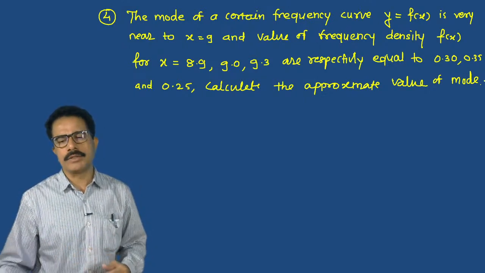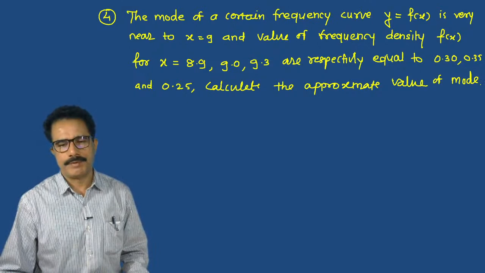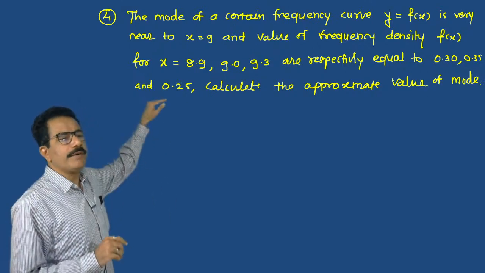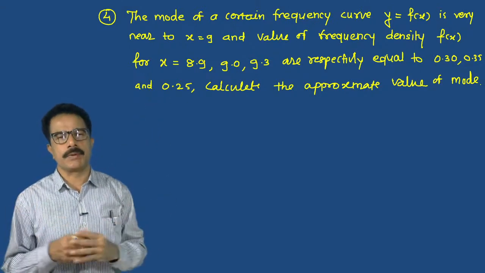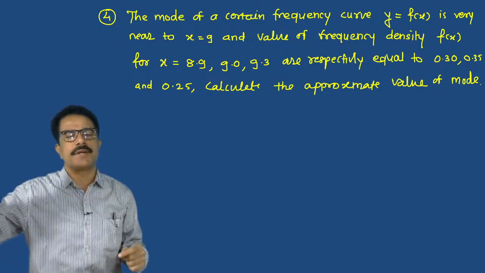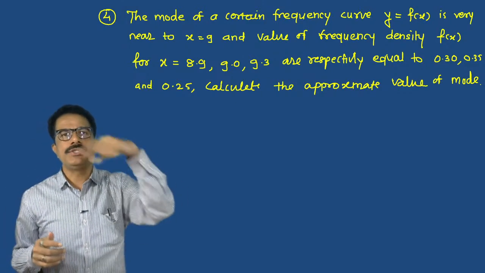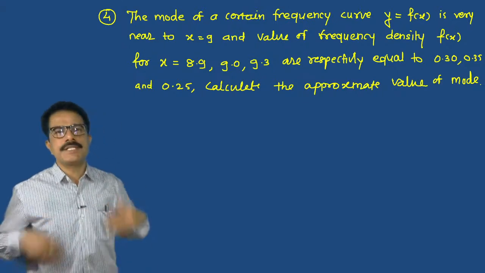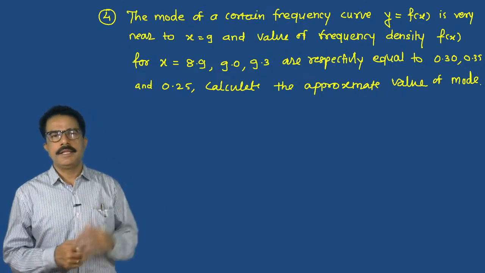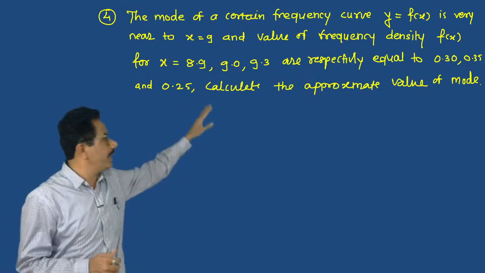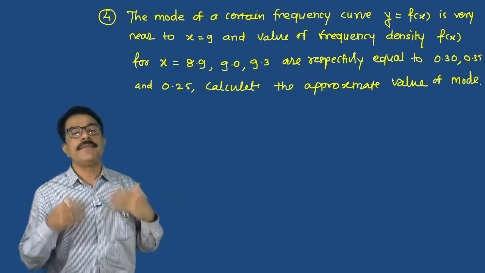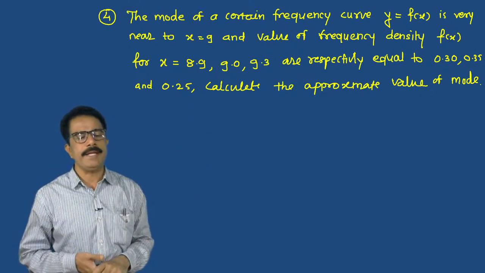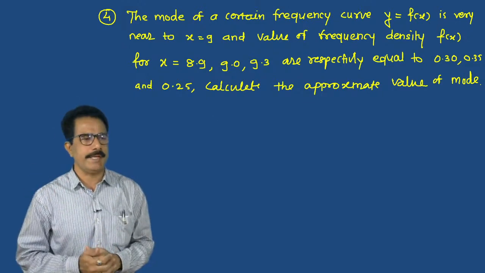We have to find the mode of a certain frequency curve. We are given a frequency curve y is equal to f of x, but that curve is actually unknown, and it is close to x is equal to 9.